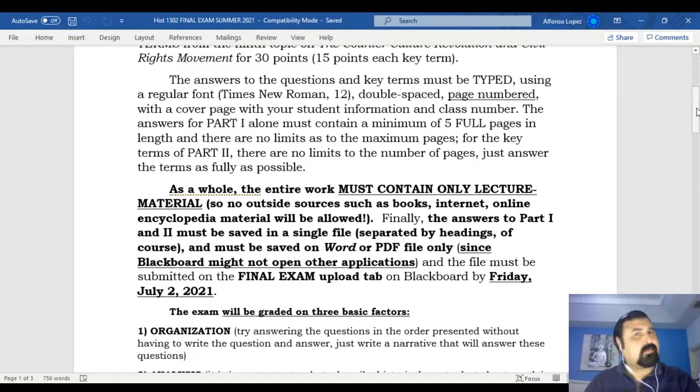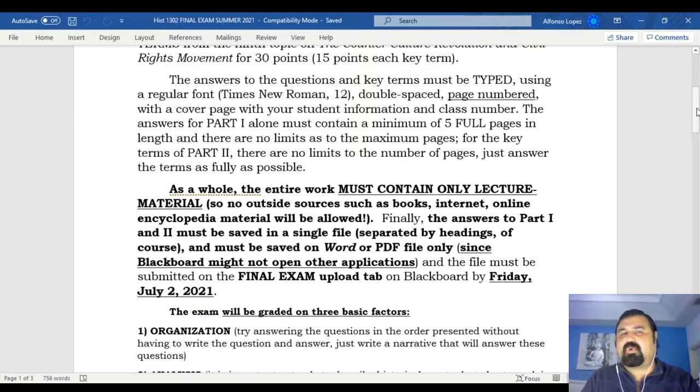I'm raising the bar a little bit because it's the final, and by this time you have already learned how this class works. Of course there's plenty of material, and a lot of notes that you can take from those videos. You can even write more. There have been students who have written extensively. I'm not telling you that you should write 20 pages, no. But 5 full pages seems sensible here, considering the amount of data that I've presented.